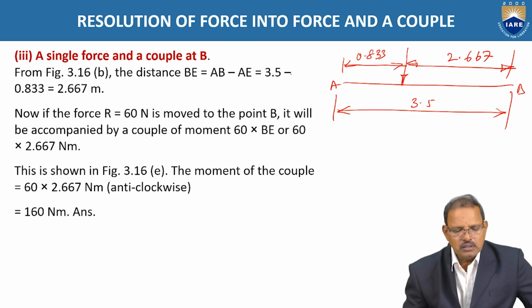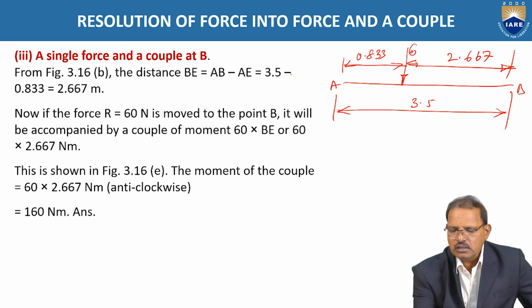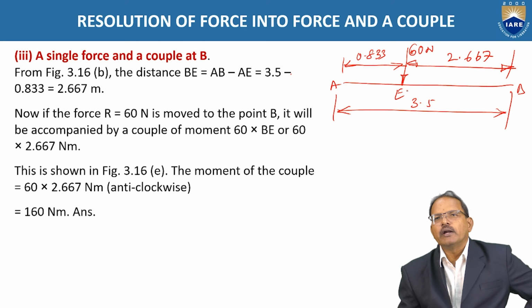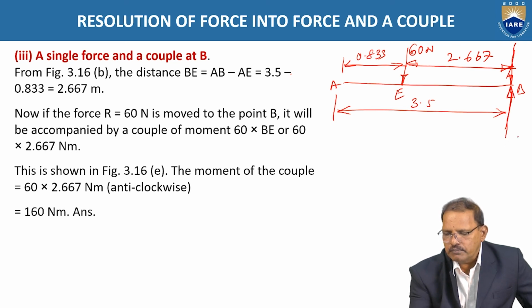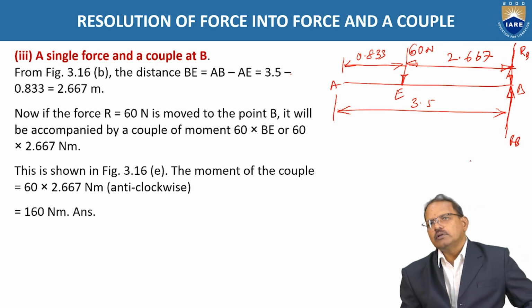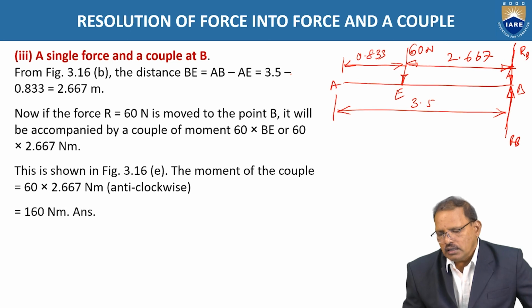Now, the force R is equal to 60 newtons, the resultant force acting at point E. When it is moved to point B, we keep the same force and one more force. That is, at B, RB and one more RB, equal to the resultant force, but both acting in opposite directions in the same line of action. Hence the resultant force at B is equal to 0.